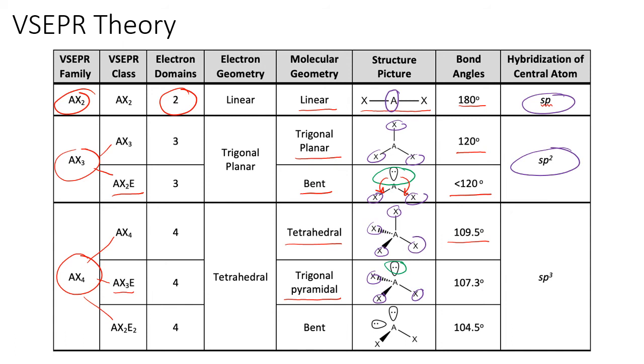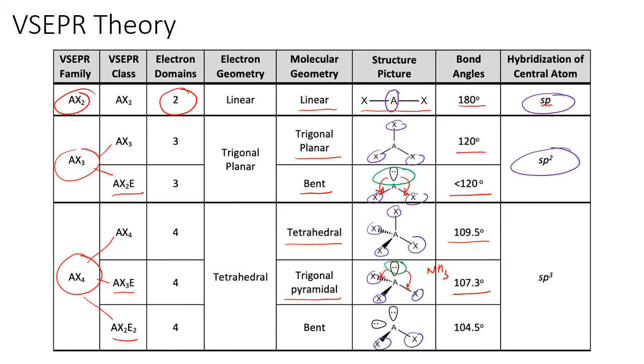And just like before, that lone pair pushes down on the bonding pairs and shrinks the angles a little bit. So for the example of something like ammonia, NH3, the bond angles are about 107.3 degrees, so a bit less than 109.5. The last family is AX2E2, where we have 2 bonding pairs and 2 lone pairs.